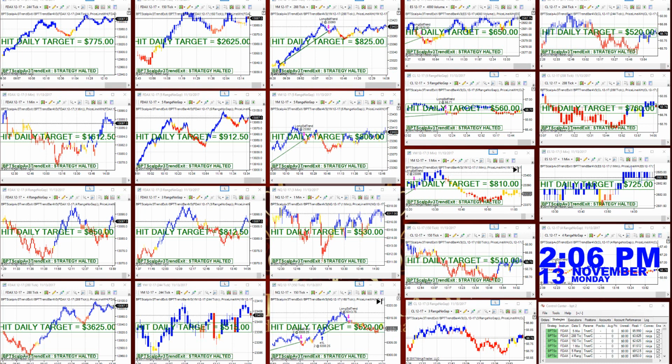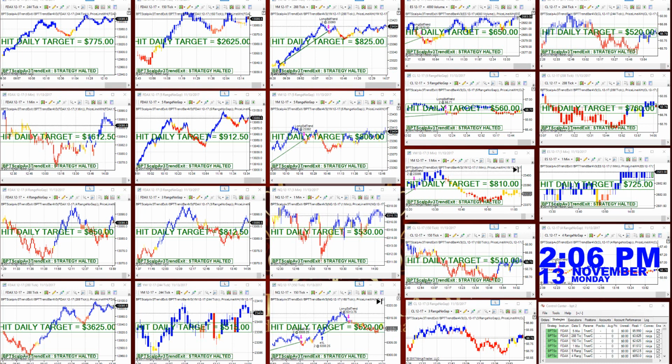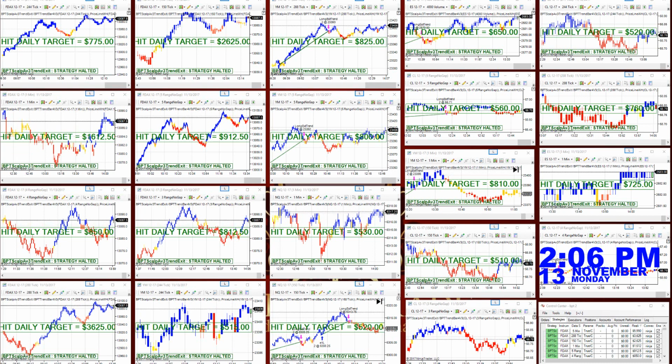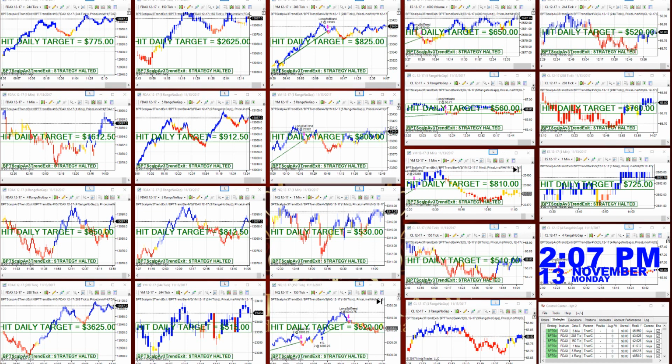So as an example, if we made 10 ticks on a limited order, that's 4 ticks of slippage.